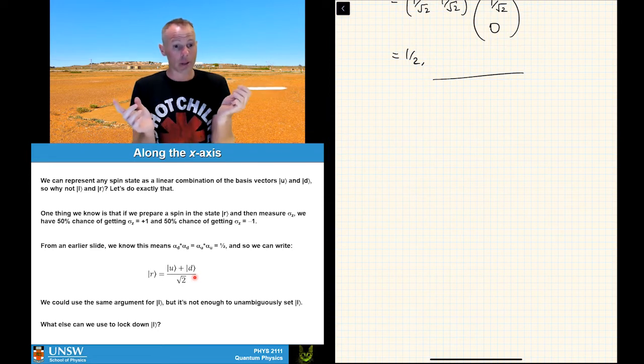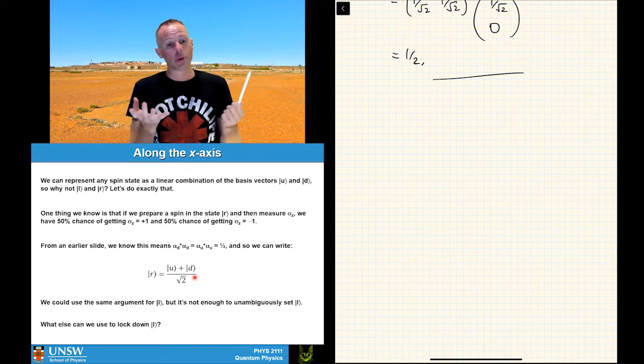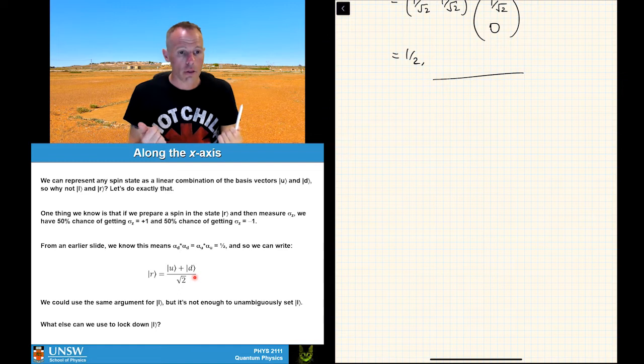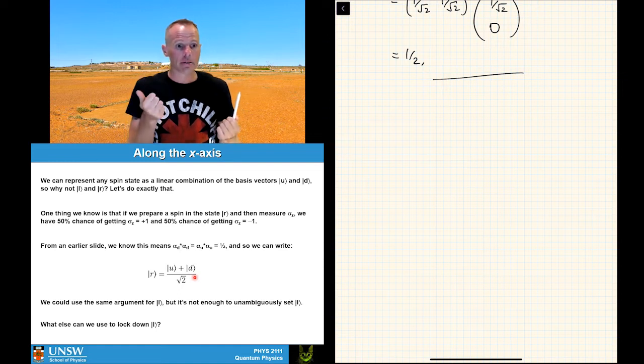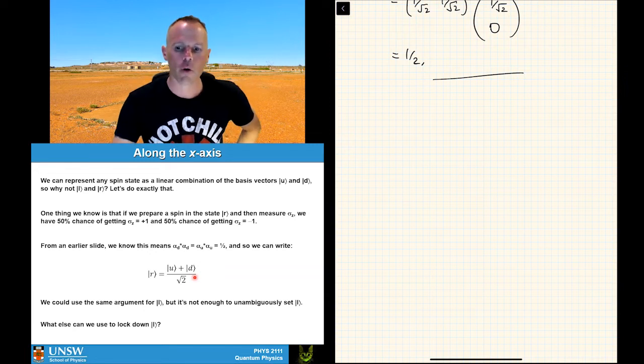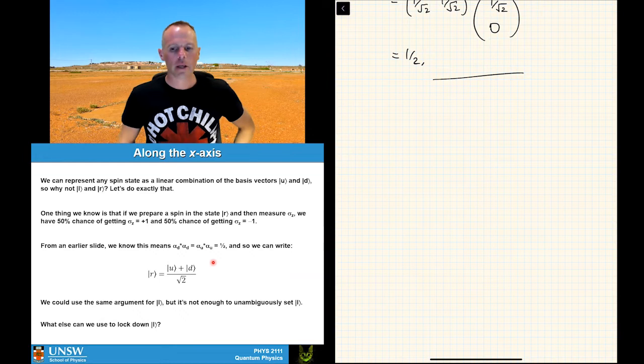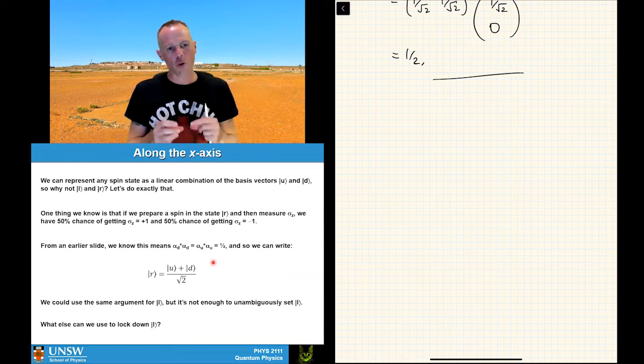Those are the two possible outcomes, okay? And that means that if we were trying to build a Hilbert space off those, the right vector would be perpendicular or orthogonal to the left vector, right? So we have a form for the right vector. What we need to do is come up with a form for the left vector that still gives us the 50-50 probability, but is orthogonal to right, okay?